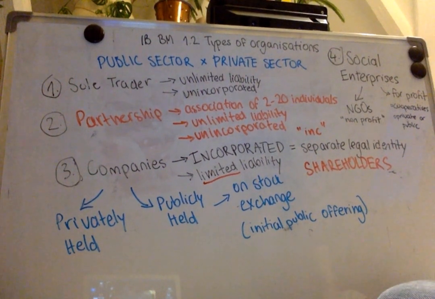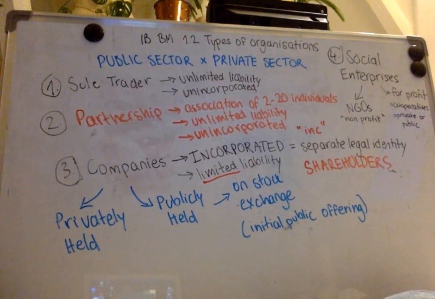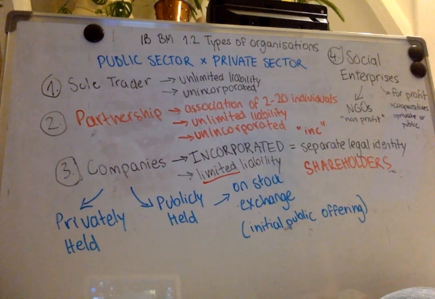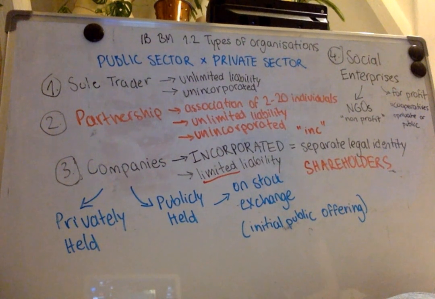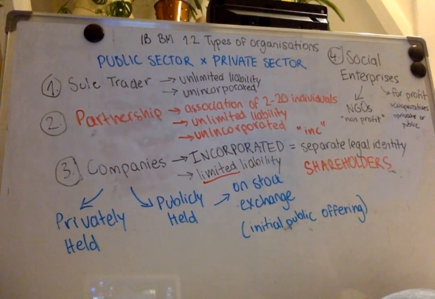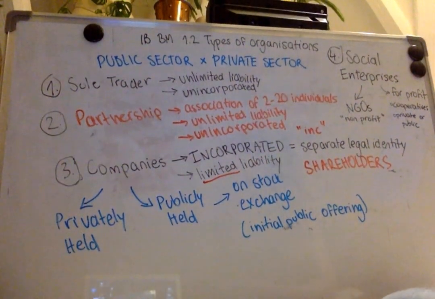So let's say we live in a small village and there is no grocery store in our village, and you and I and some other neighbors decide to set up a grocery store where the main goal is that we will provide food for ourselves, and we will own this together. We will split the profits equally, etc. We'll make some profit, but our main goal is to satisfy our social needs.